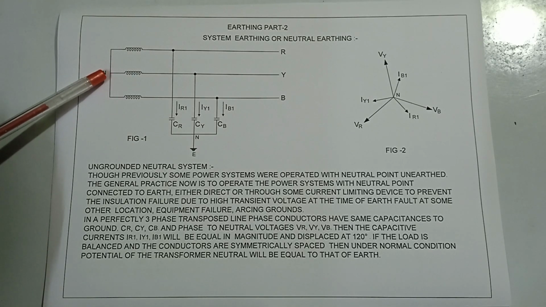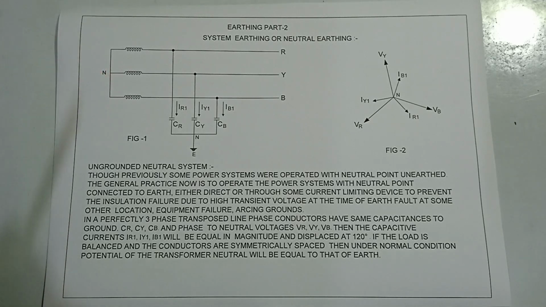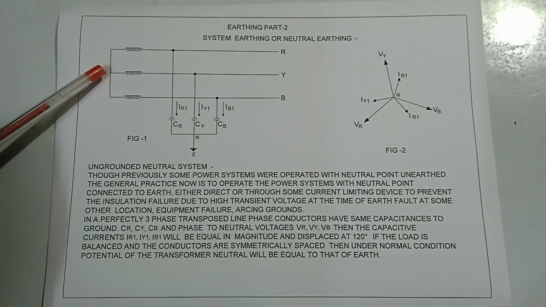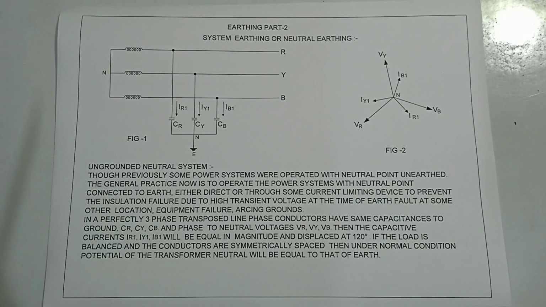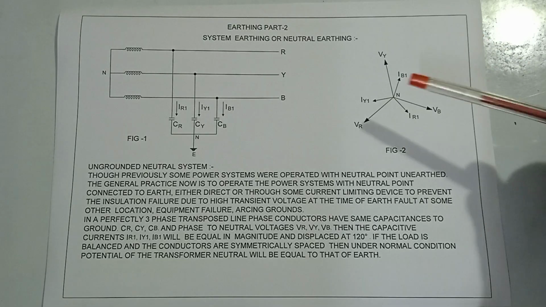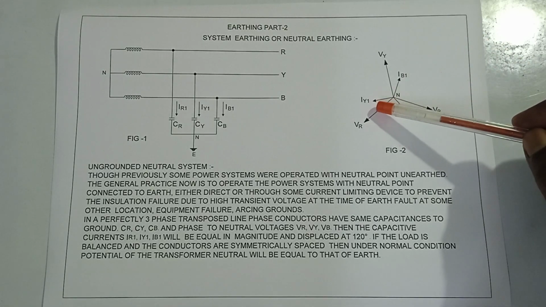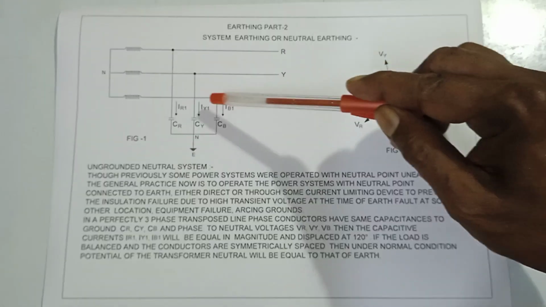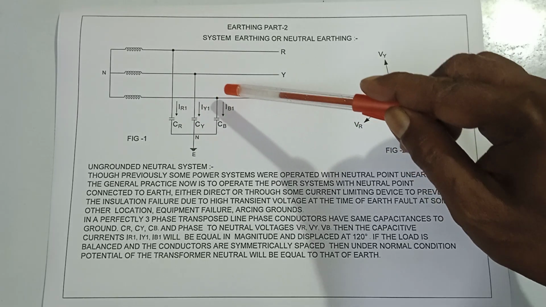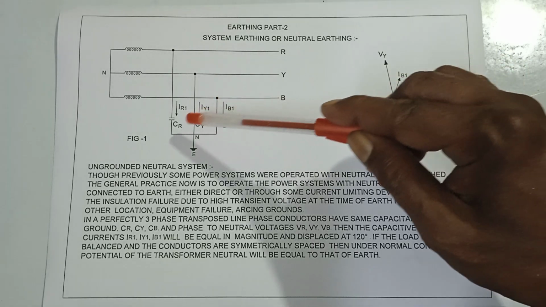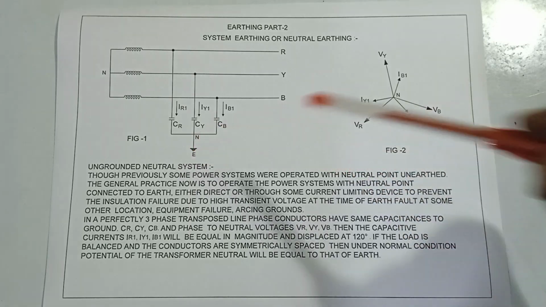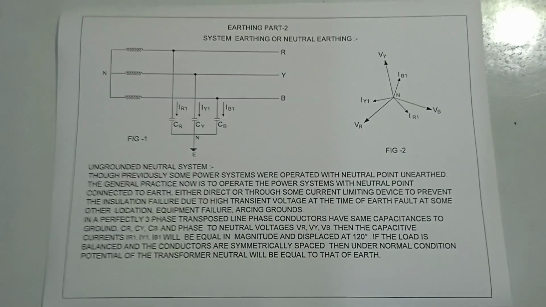This is the transformer neutral, and its potential will be equal to that of earth. Here are IR1, IY1, IB1. This capacitive current flows to the earth. Okay, next.